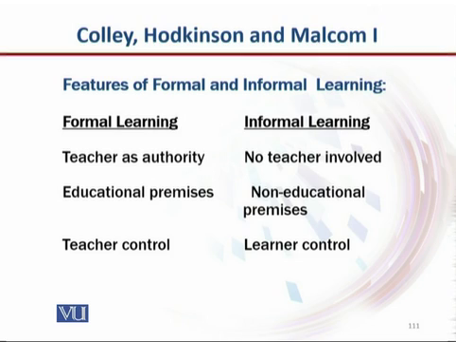In formal learning, however, the teacher makes the decision and the learner or the student has to live with that decision, fulfill that decision, meet all the requirements of that decision that somebody else has made. So, three differences between formal and informal learning.